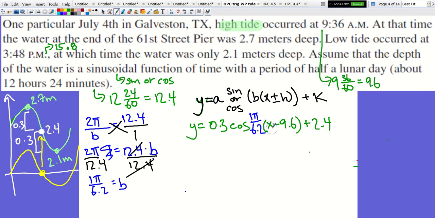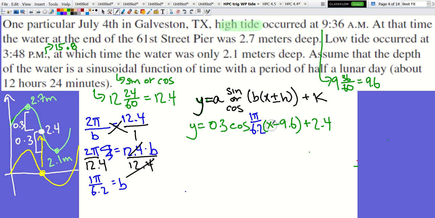Let's say we want to find out what is the tide height. What is the height of the tide at 4 a.m.? Well, then you just plug in 4 here. What about if we want to find out what is the height of the tide at 1 p.m. in the afternoon?